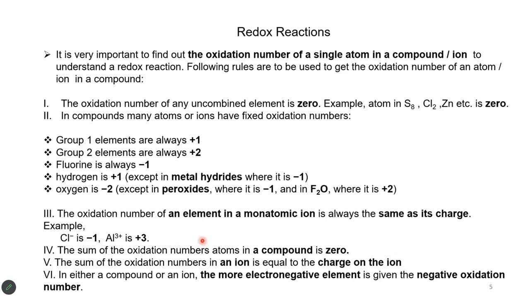Another rule: the sum of the oxidation numbers of atoms in a compound must be zero. Again, the sum of the oxidation numbers in an ion is equal to the charge of the ion. In a compound or ion, the more electronegative element has the negative oxidation number.